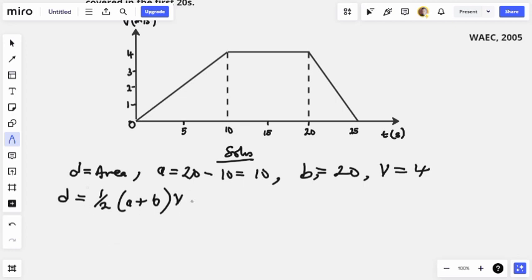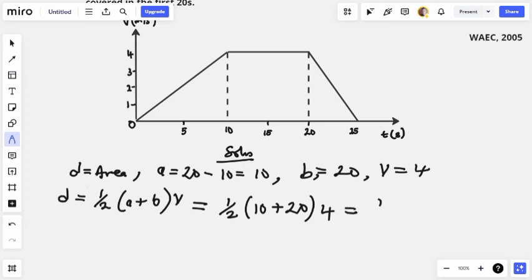So let's plug that in and see what our distance in 20 seconds will be. That will be 1/2, open bracket, our A is 10 plus our B is 20, close bracket, our maximum speed or our height is 4.